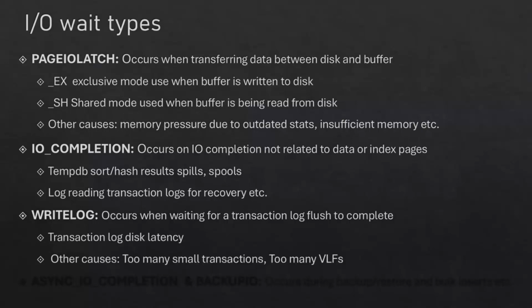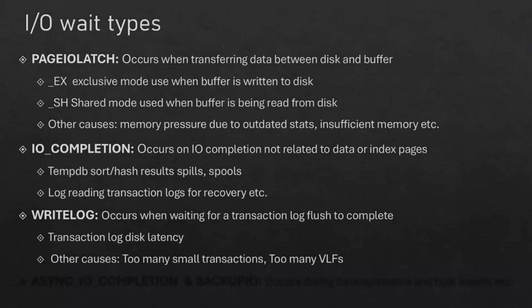There is another one, which is write log. This is when the transaction is waiting for the flush to complete. Whatever operations are performed, it is first committed to the transaction log, and then this transaction log is flushed to the hard disk, so the changes are hardened on disk. That is where this wait type is encountered.